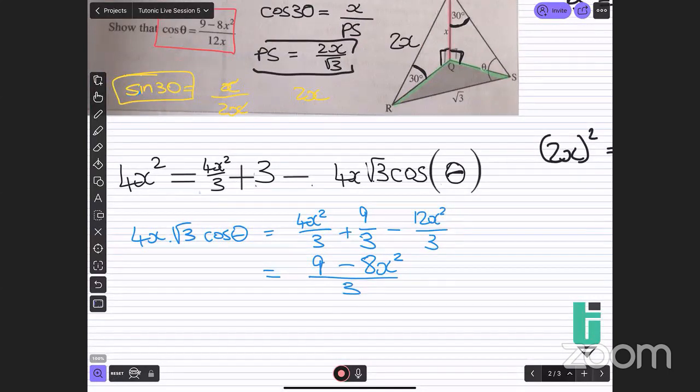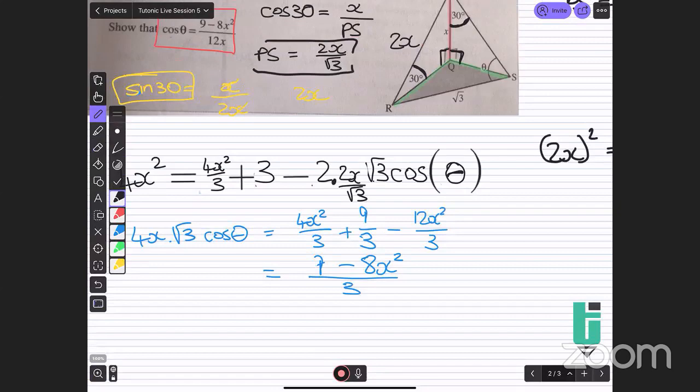So that's going to be times 4x squared over... 4x over root 3. No, it was 2x over root 3. Which is going to be times by 2, which is 4x, because there's minus 2ab cos theta. There's a 2 in front.